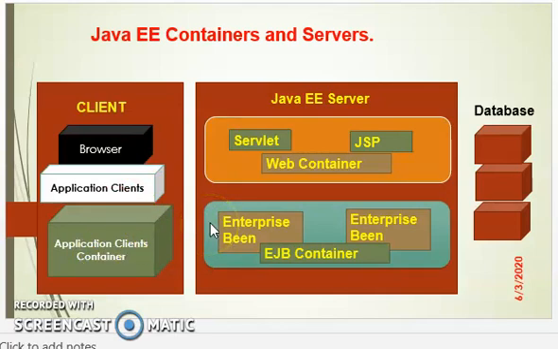Now you have a basic idea about the Java EE server and the various containers. There are more than 75 commercial and open source Java EE application servers available for use, each with many special characteristics.